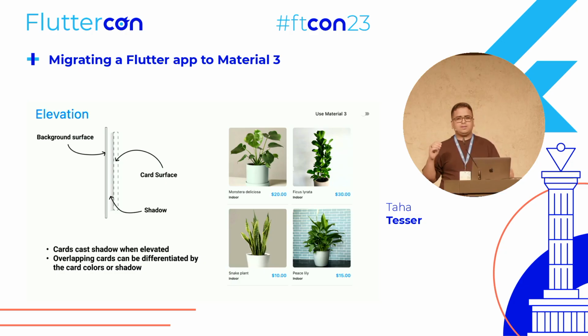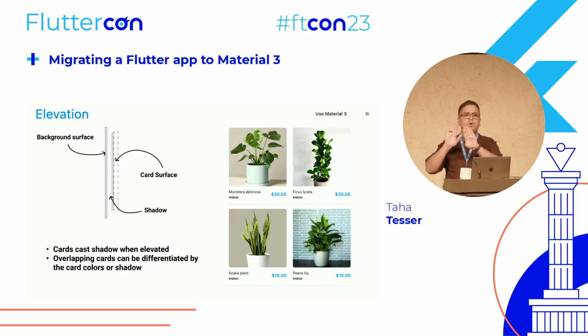It indicates the surface is elevated. When the elevation is set to, let's just say, 5, it will cast a 5 elevation shadow. And you can see the intensity of the shadow, and you can determine how high the card is. You can see the card color is pretty much the same as the background, but because of the shadow, it differentiates, right?